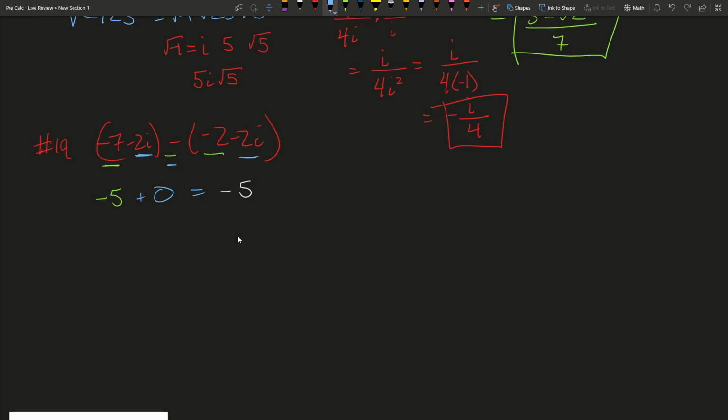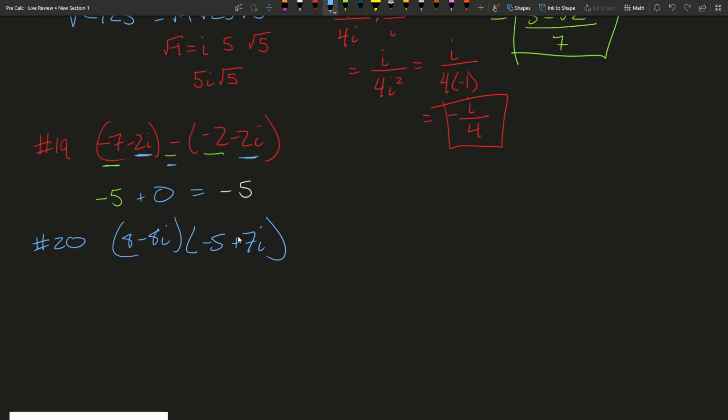We can also multiply things. So in number 20, we have 8 minus 8i times negative 5 plus 7i. Again, treat those i's as variables and everything works the same way until the very last step where we have to simplify just a little bit.